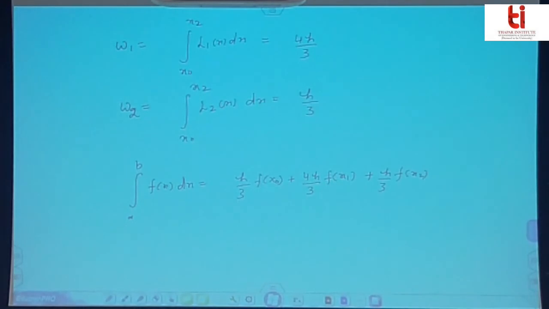Just keep in mind that here h is the length of the interval over 2. So the integral is h/3 times f(x0) plus 4 f(x1) plus f(x2). This is called Simpson's 1/3 rule.